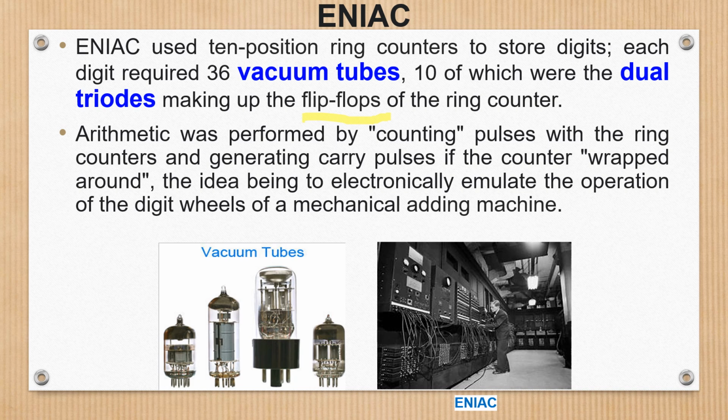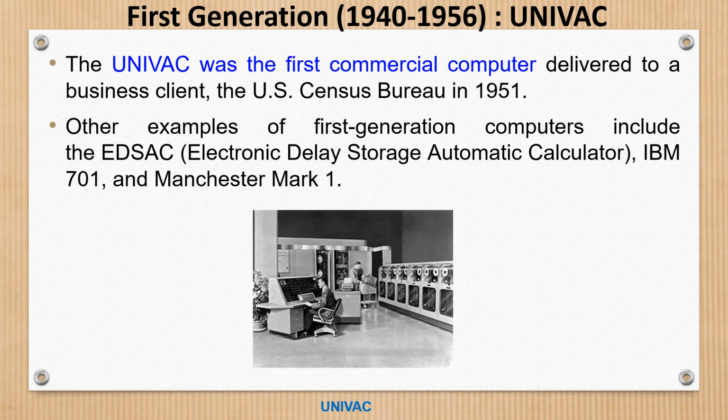So the idea was to electronically emulate the operations of the digital wheels of mechanical adding machines. So the ENIAC is a programmable device, and it used the concept of counting, rotating and flip-flops. After the creation of the ENIAC, the researchers started the creation of the UNIVAC.